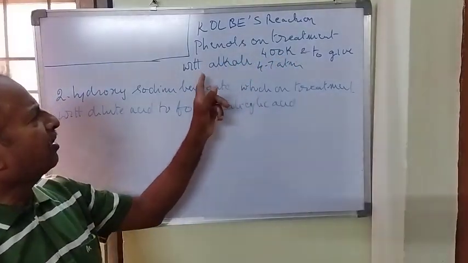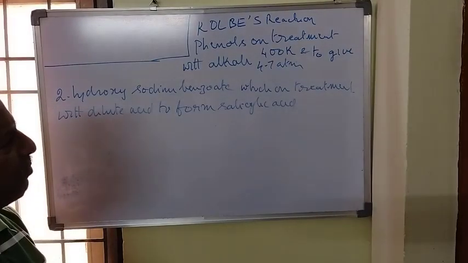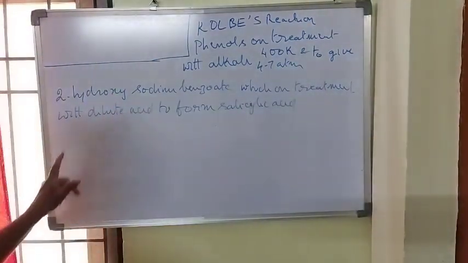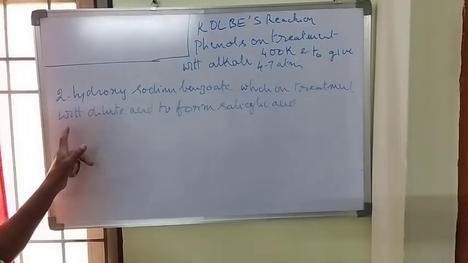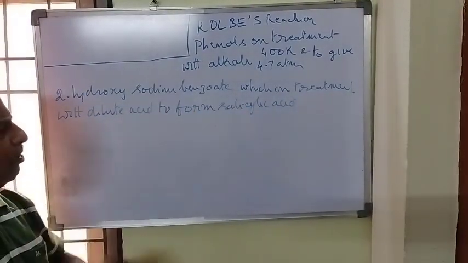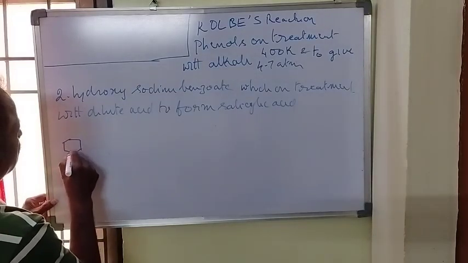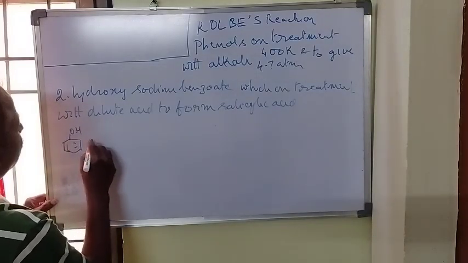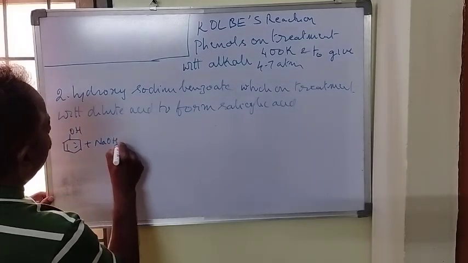Phenol on treatment with dilute alkali at 400 Kelvin and 4 to 7 atmospheric pressure gives 2-hydroxy sodium benzoate, which on treatment with dilute acid forms salicylic acid. So here this is phenol with sodium hydroxide.